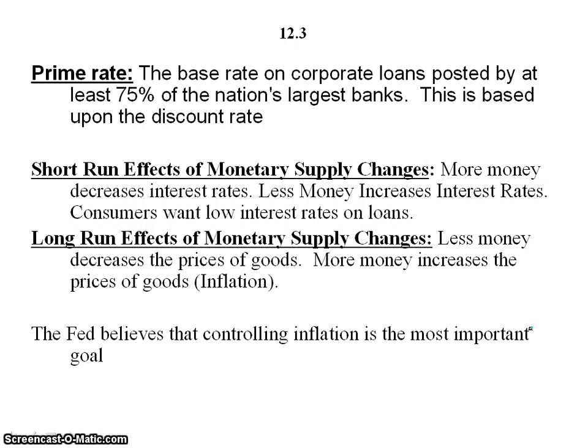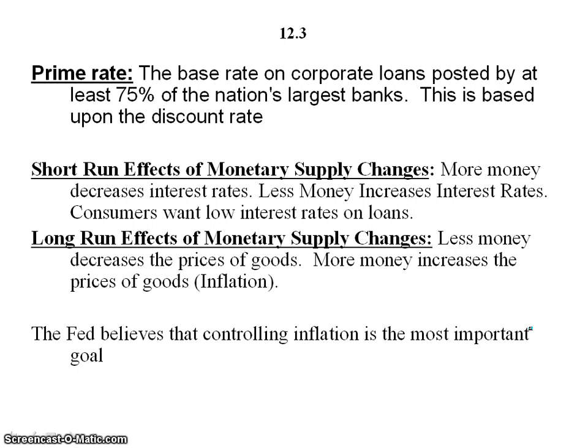But in the long run, prices start to go up because there's more money in the system. People start to bid prices higher for the things they want. Then that's called inflation. So more money increases the price of goods and leads to inflation.